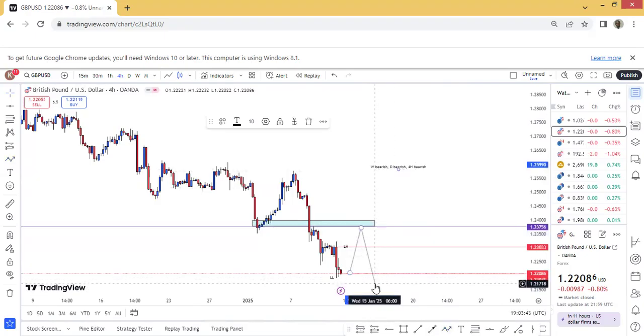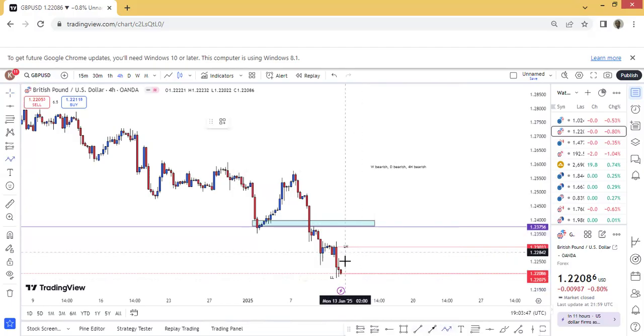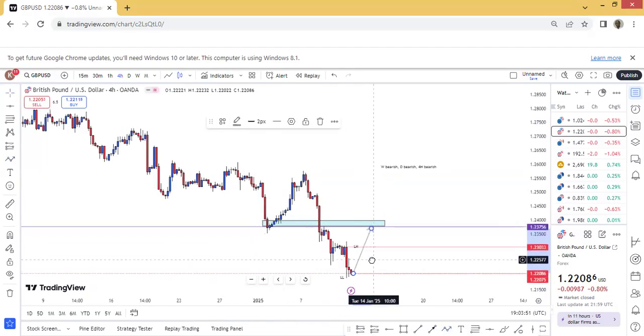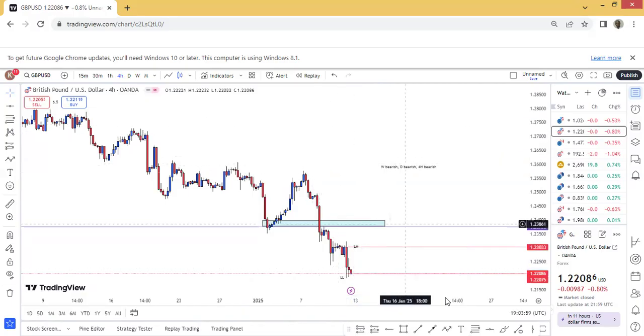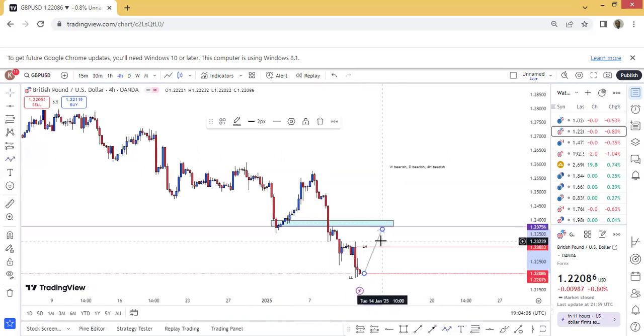this, let me turn this. So I'm expecting price to pull back to this zone and then, pardon me, I'm expecting a pullback here.